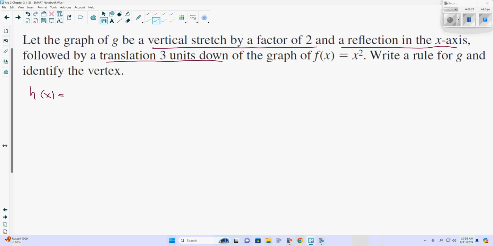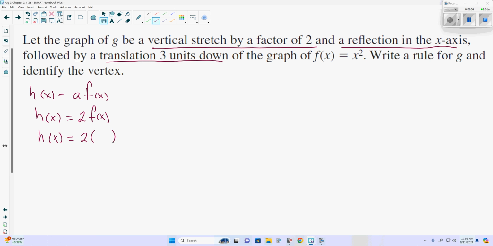Our vertical stretch is our a times f of x. Now our value of a in this case is 2. Because it's not a horizontal stretch or shrink, we don't have to do anything to the 2. It's just 2, because vertical would just be 2. And we fill in the information. Now we need to replace f of x with its function.